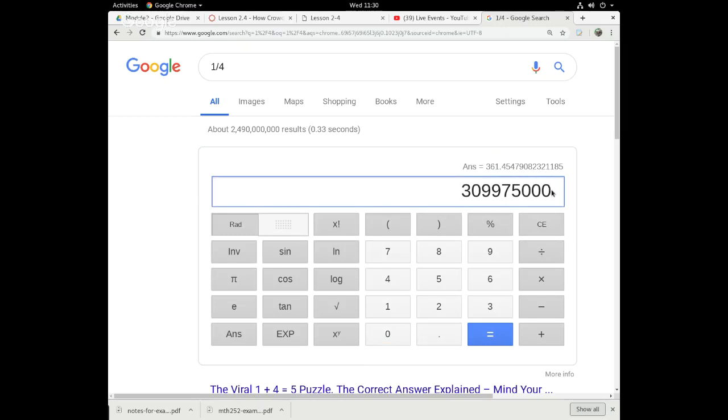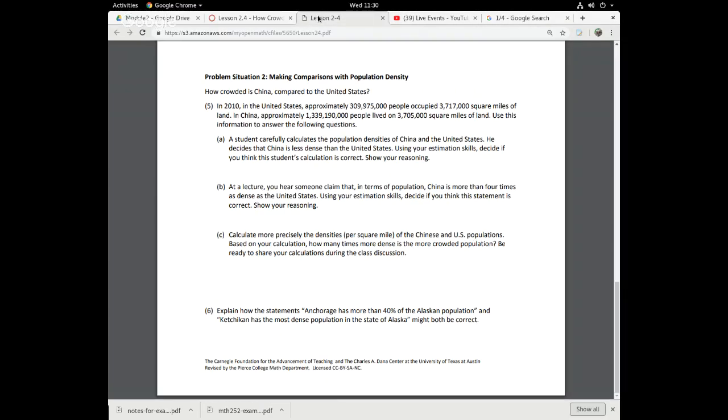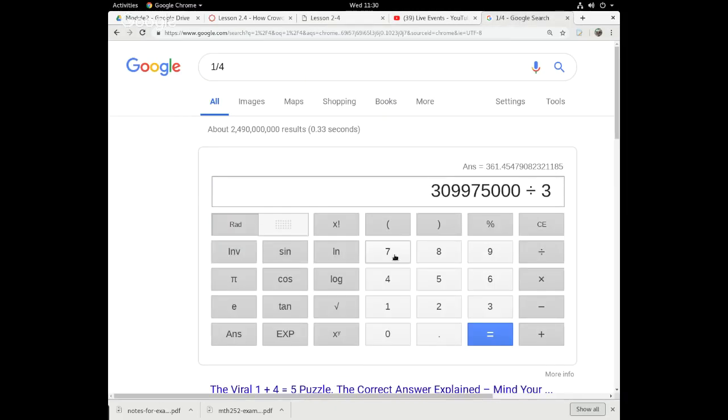So double check, thousands, millions. Yep. Okay, divided by 3,717,000 square miles gives me a density of about 83-ish.